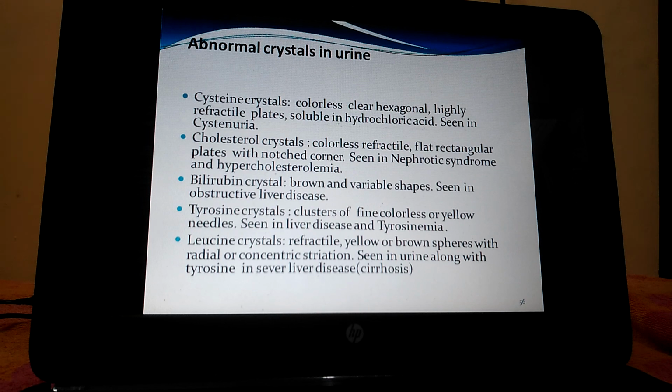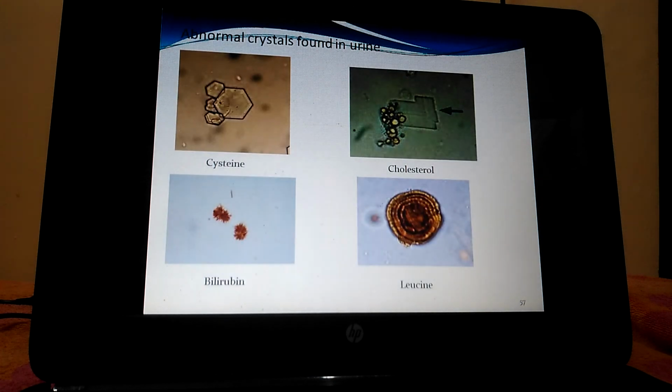Bilirubin crystals, brown and variable shapes, seen in obstructive liver disease. Tyrosine crystals, clusters of fine colorless or yellow needles, seen in liver disease and tyrosinemia. Leucine crystals are refractile yellow or brown spheres with radial or concentric striation, seen in urine along with tyrosine in severe liver disease such as cirrhosis.